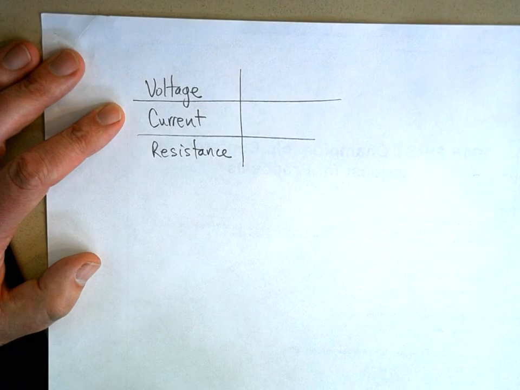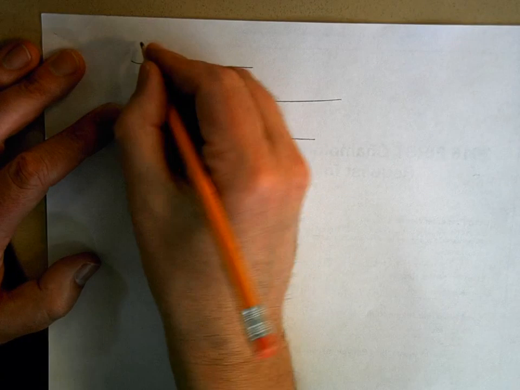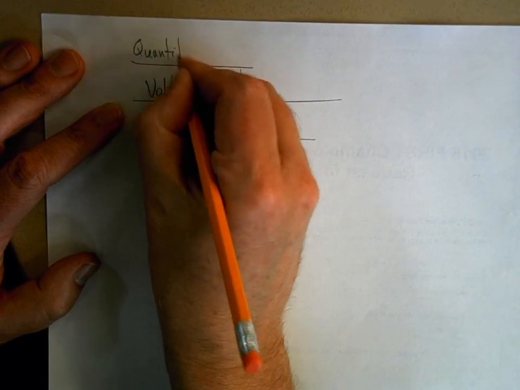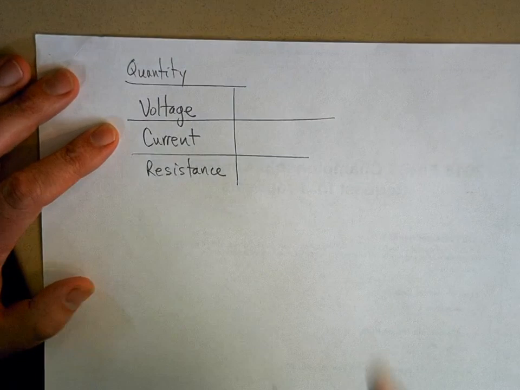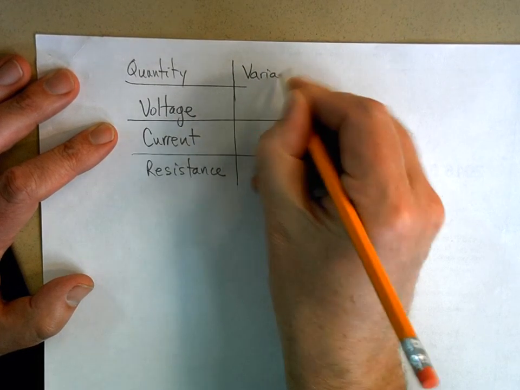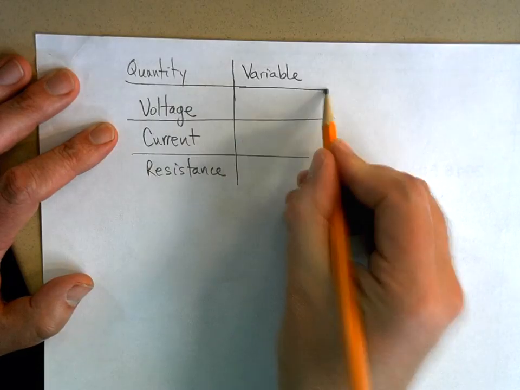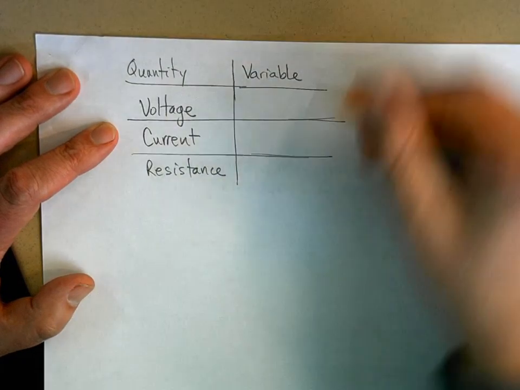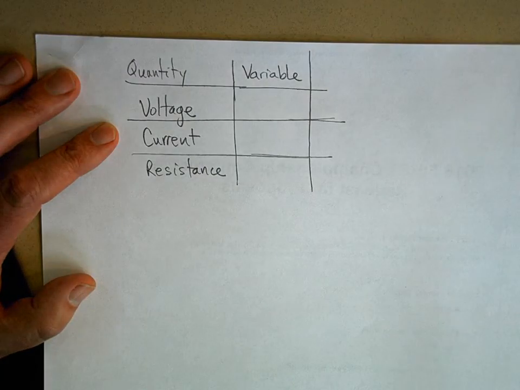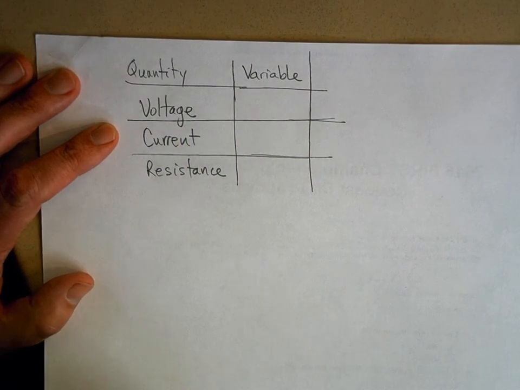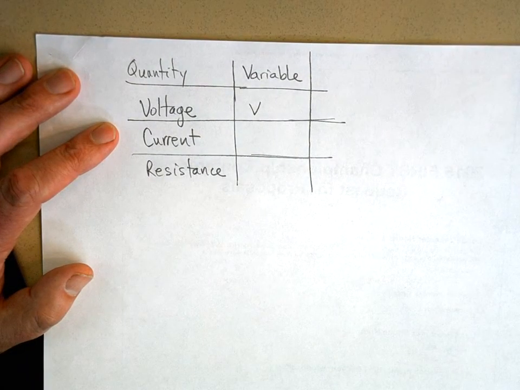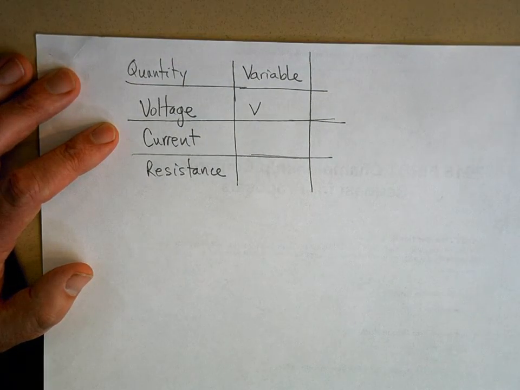So this is the name of the quantity. What variable do we use? In other words, what letter are we going to use to represent that quantity in a formula? Well, voltage starts with a V. So we'll use a V for volt. Capital V stands for volts when it's a variable.